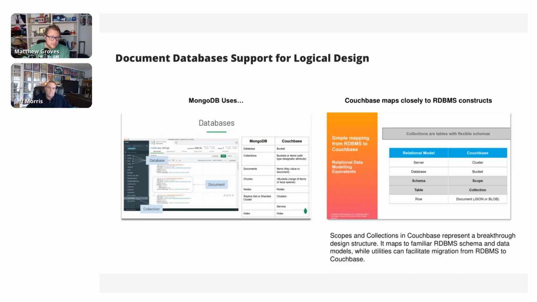So for instance, you have a table in a relational database, and you have a collection in a Couchbase database. You have a schema in a relational database, and you have a scope in Couchbase, and so on. Now, Mongo is kind of similar in that they have a concept of databases, and the databases just have collections, and that's all the organization you get. With Couchbase, you get some additional levels of organization that help you map to those familiar relational concepts a little more straightforwardly.